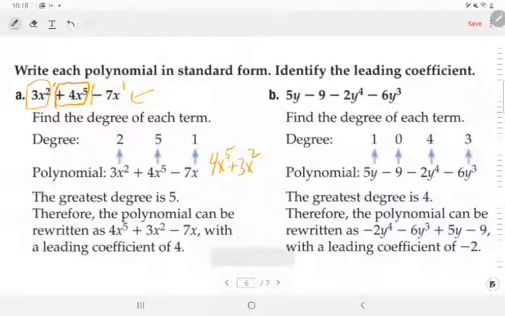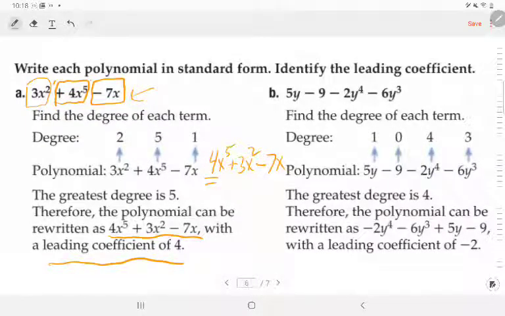Then look here, minus 7x. So that negative sign goes with it, so minus 7x, which is what they have right here. And our leading coefficient is the coefficient at the very beginning, so the leading coefficient is 4. Okay? Let's take a look at another one.